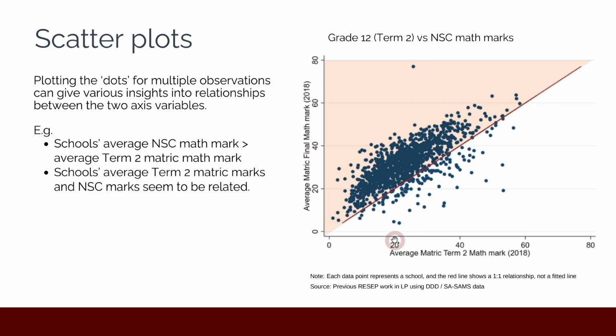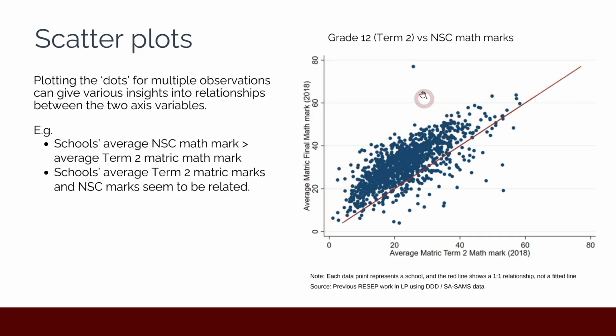So a school which had 20 in term 2 for the matriculants usually got a higher mark than 20, maybe 30 or 40 on the matric exams, which is unsurprising for most of you working with matrics, in that often the marks do improve from term 2 to term 4 because you're repeating the same material over and over again to prepare for the matric exams.